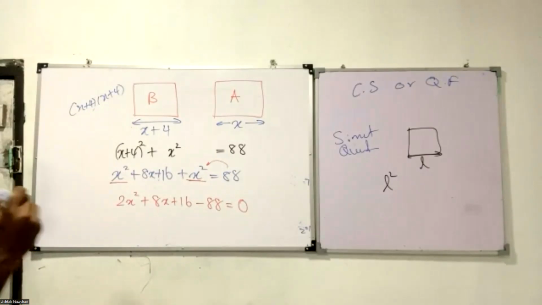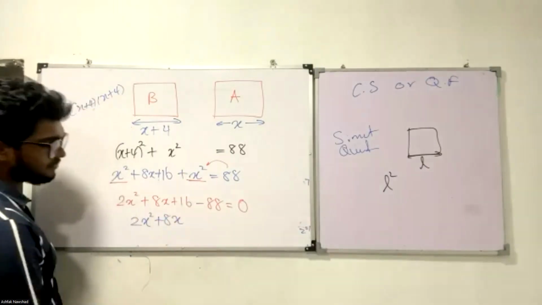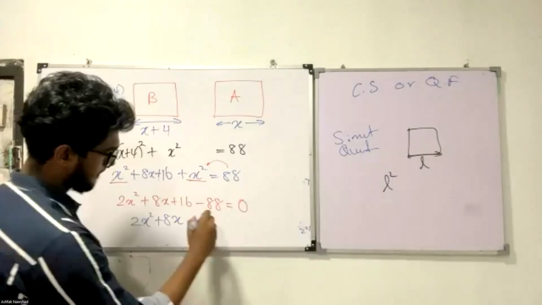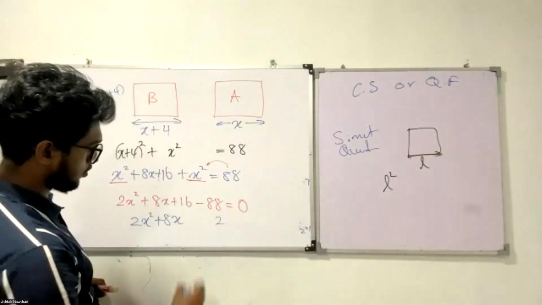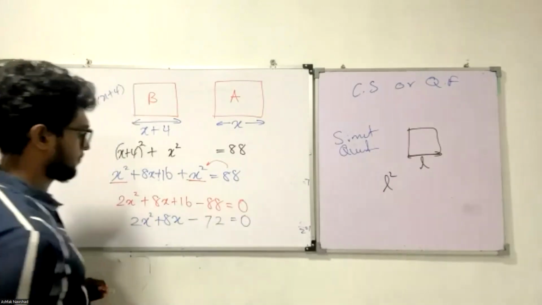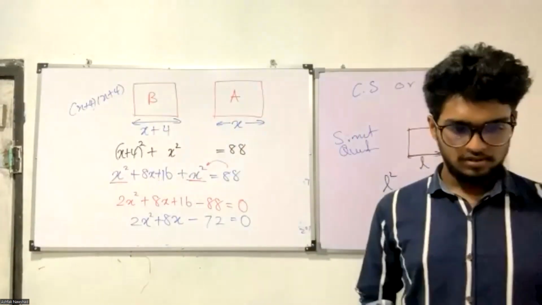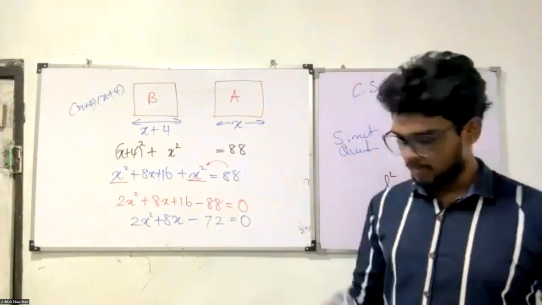Now I'm ending up with 2x squared plus 8x, 16 minus 88 is minus 72, equal to 0. Is this clear? You understood why I took the 88 to that side, in order to solve it.